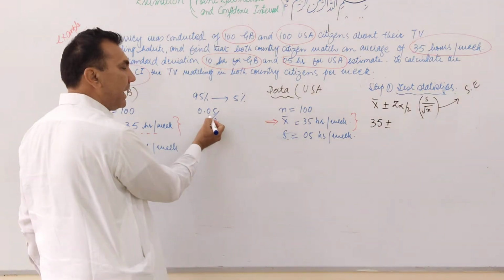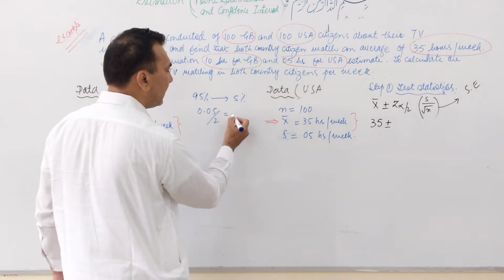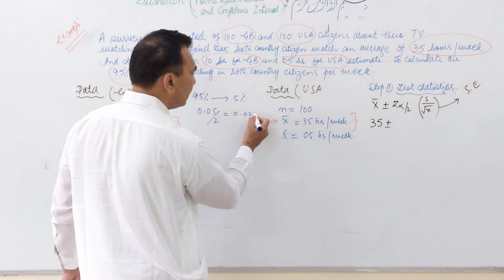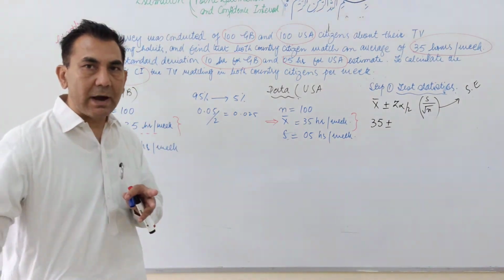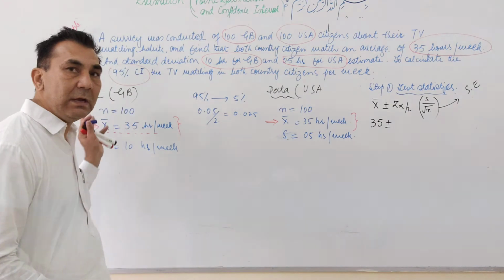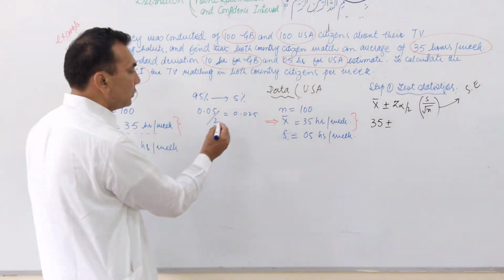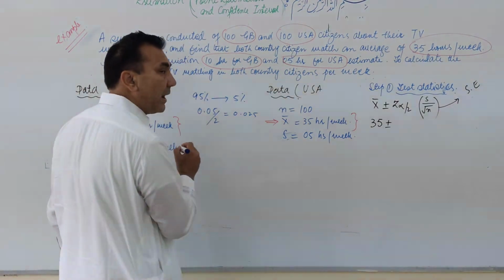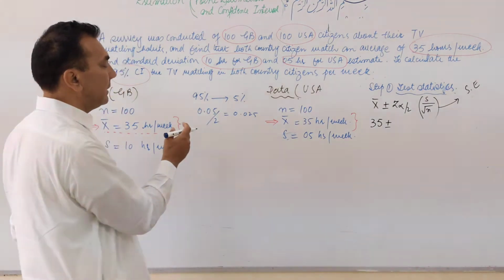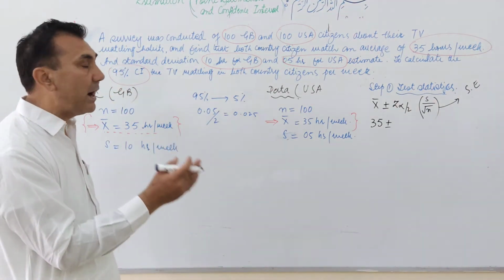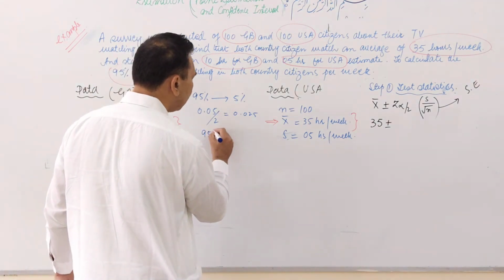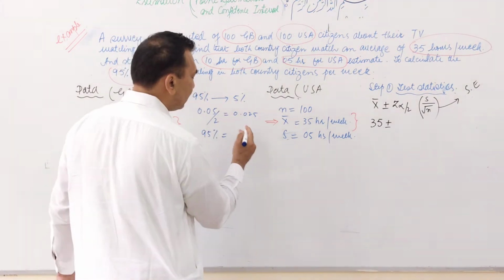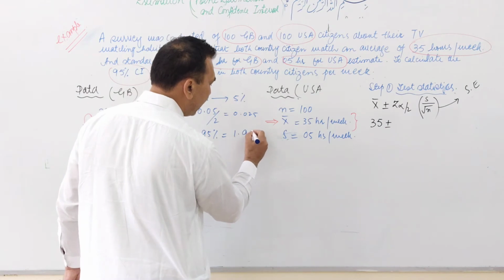So we divide this margin of error, and it becomes 0.025 on the right side and 0.025 on the left side. If you find the value of 0.025 on the z table, for 95% on the two tail, it will be 1.96.